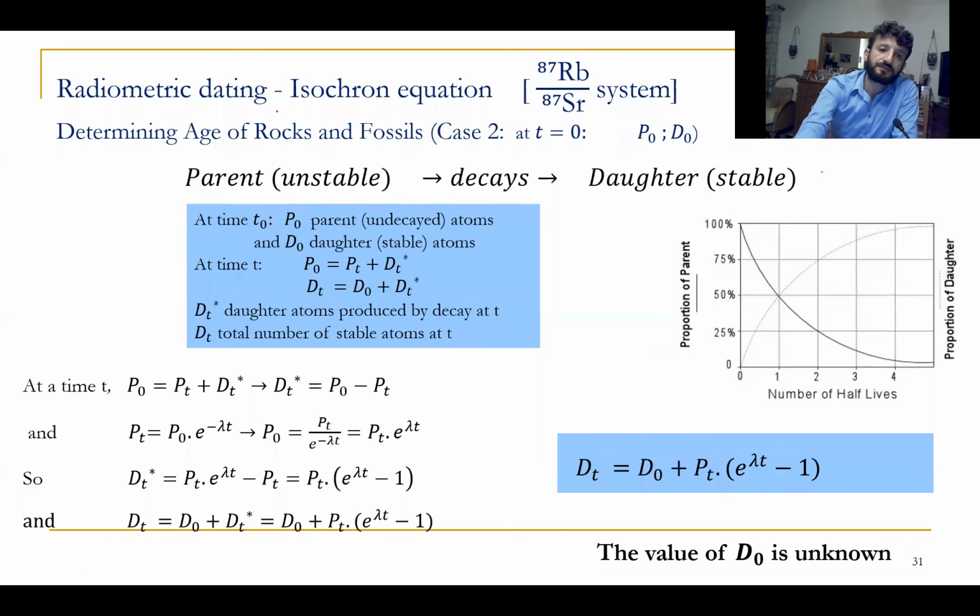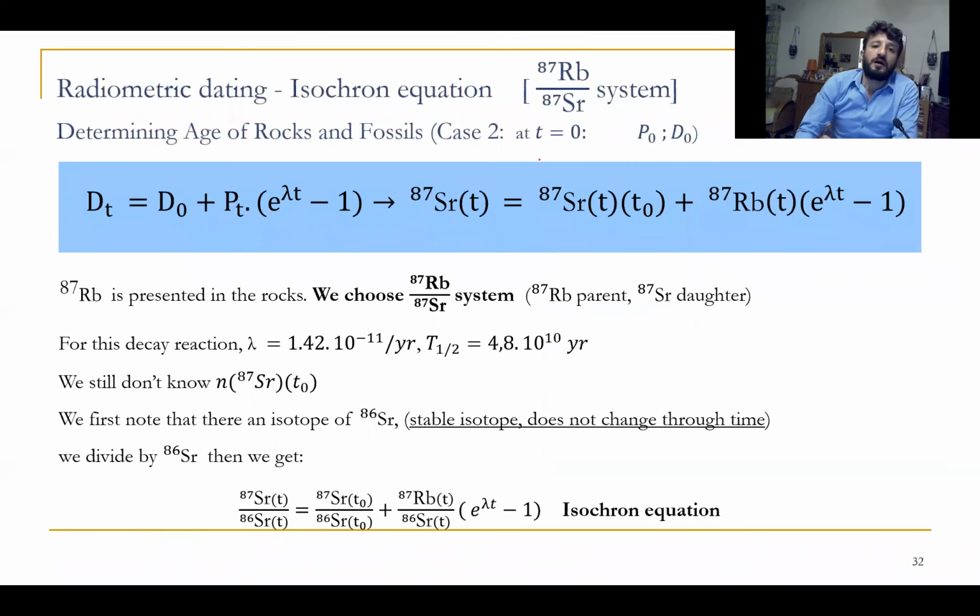Now, first of all, if I give you, for example, one parent atom and one stable atom, we can take a system of rubidium and strontium. Like in the case of carbon, we take a ratio of carbon 14 and carbon 12.